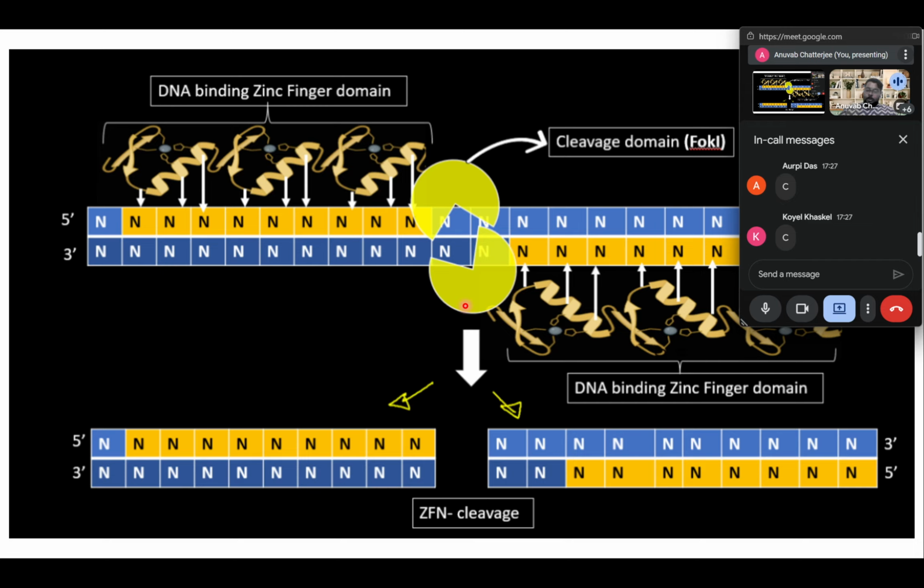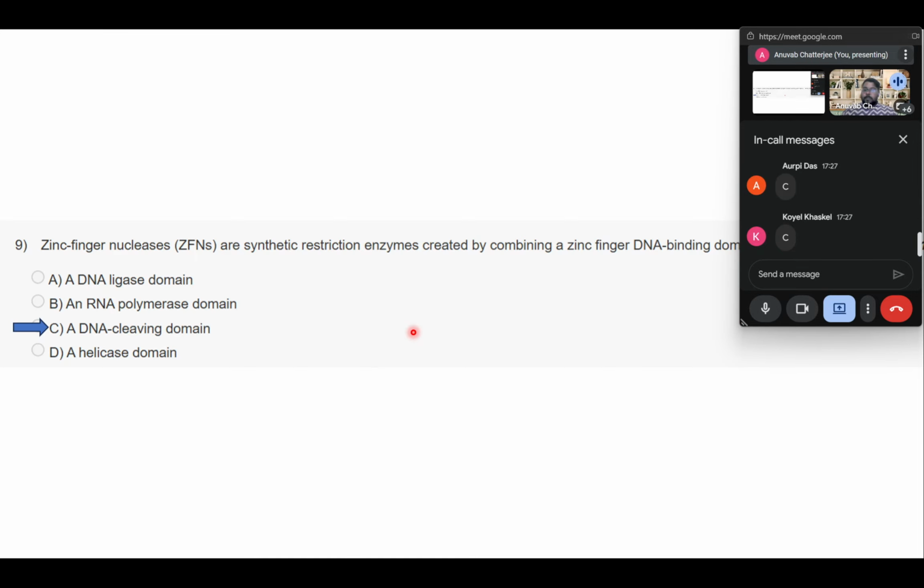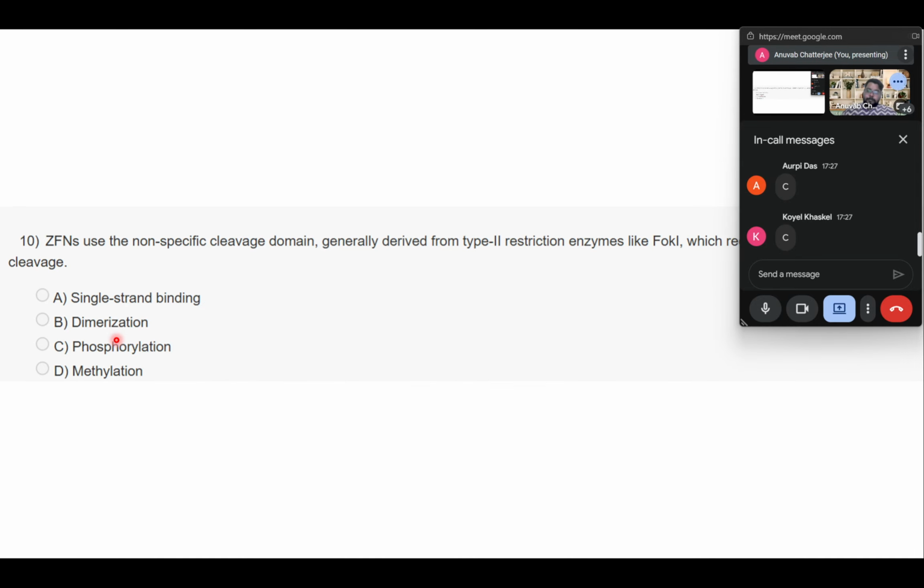So there was a lot of protein engineering involved for each and individual ZFN. And the problem was that if you now wanted to target a sequence that you want, then you will have to go through the process again and again to design your own ZFN. So there was a lot of protein engineering involved for this. So zinc finger nucleases are synthetic enzymes created by joining zinc finger DNA binding domain with a DNA cleaving domain.